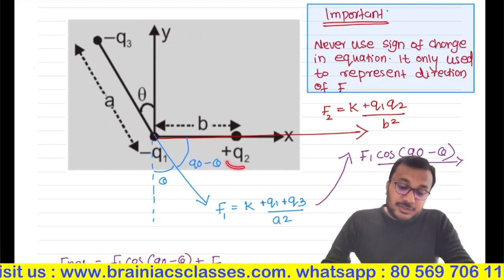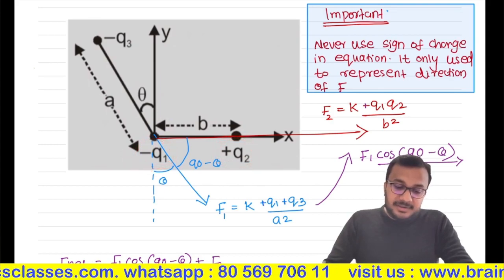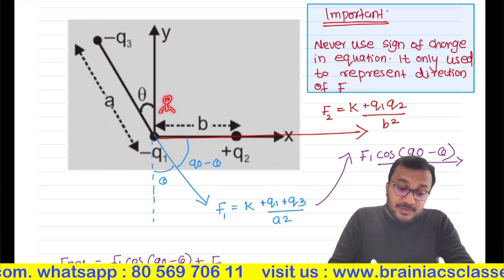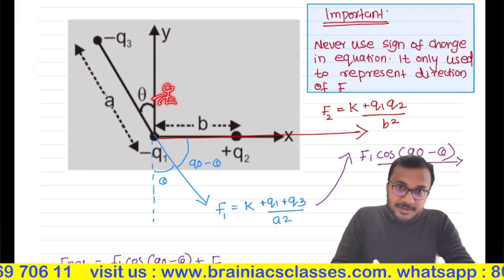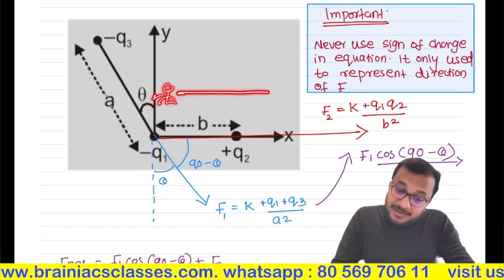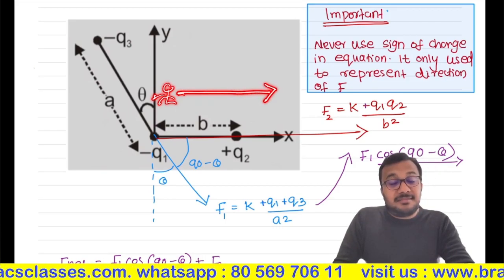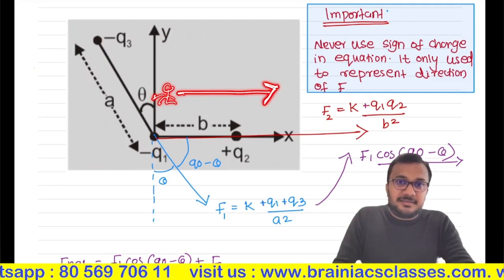Next here, Q2 is minus, and Q1 is minus. So what will happen to minus Q1? I find my friend. My friend is minus Q2. My charge is negative, so I will run towards that friend.